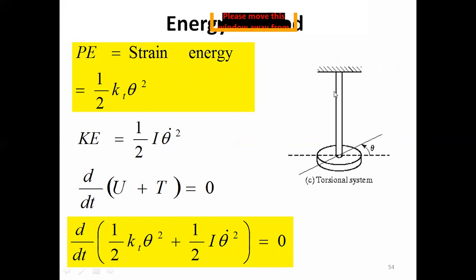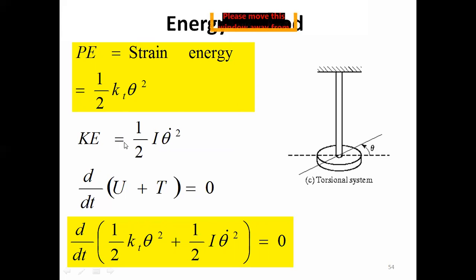Similarly, finding the equation of motion for the torsional system, the potential energy would be stored in the rod in the form of strain energy. That strain energy would be half kT, which is the torsional stiffness, times the square of the displacement theta.